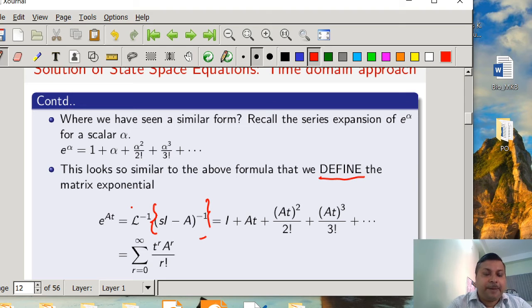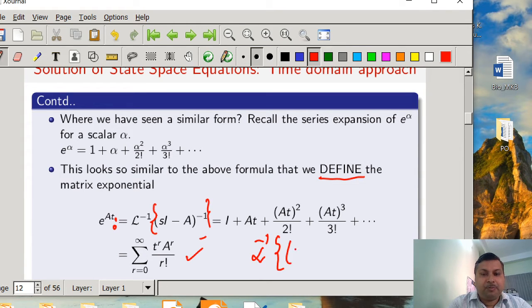So that's why the Laplace inverse of sI minus A inverse we define as e to the power At, which is basically I plus At plus A square t square by 2 factorial plus A cube t cube by 3 factorial, which in summation form can be written as sum over r equal to 0 to infinity of t to the power r A to the power r by r factorial.